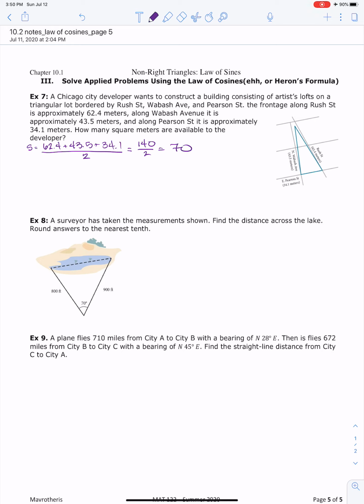So this is 70. So our area, which is the square root of S times S minus 62.4, I'll stick all these in here, times 70 minus 43.5 and times 70 minus 34.1.